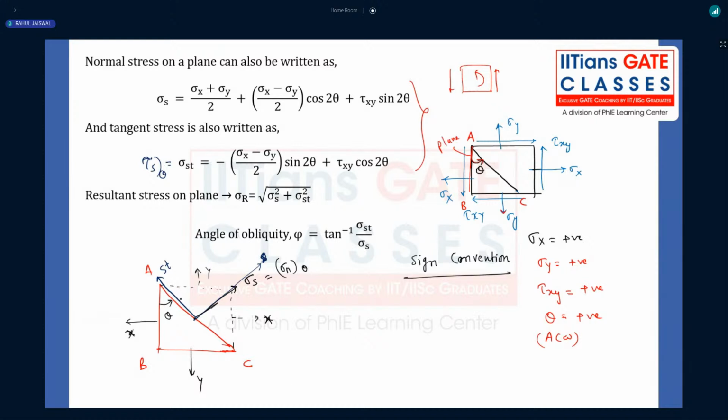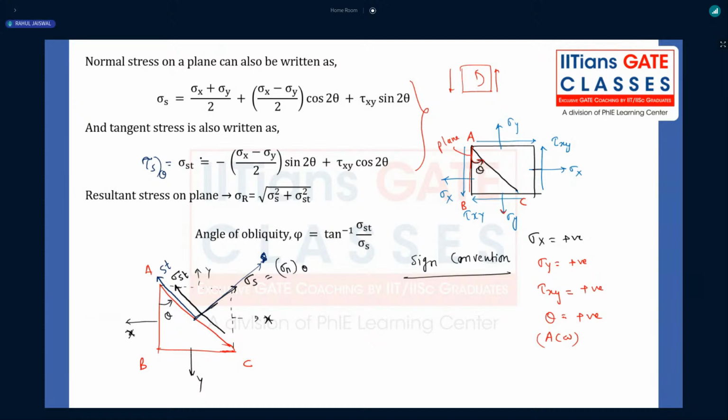Now, if sigma st is acting along this plane like this, is sigma st in the direction of st or in the opposite direction of st? Tell me, guys.